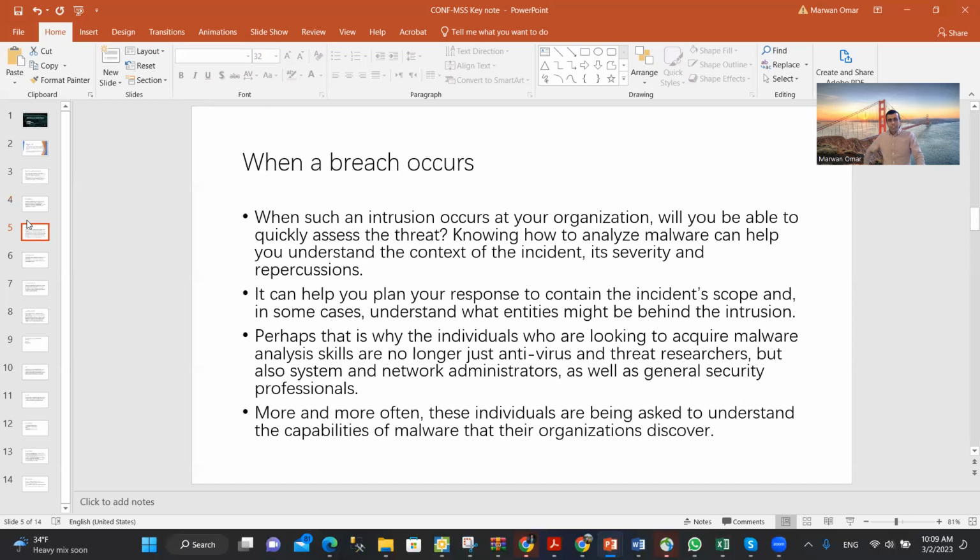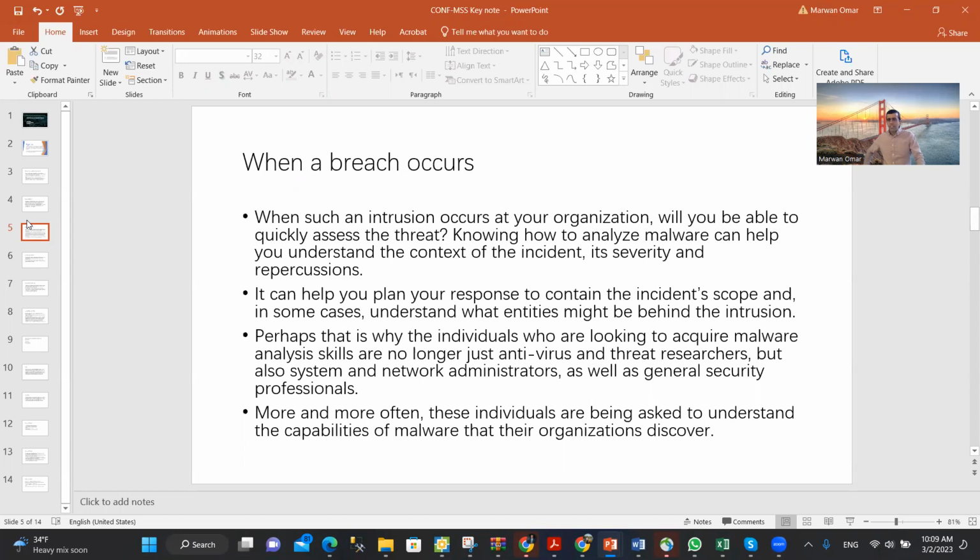When a breach occurs, what happens whenever there is a data breach or a cyber attack? When such an intrusion occurs at your organization, will you be able to quickly assess the threat? Knowing how to analyze malware can help you understand the context of the incident, its severity and repercussions. Severity, how severe is the incident?